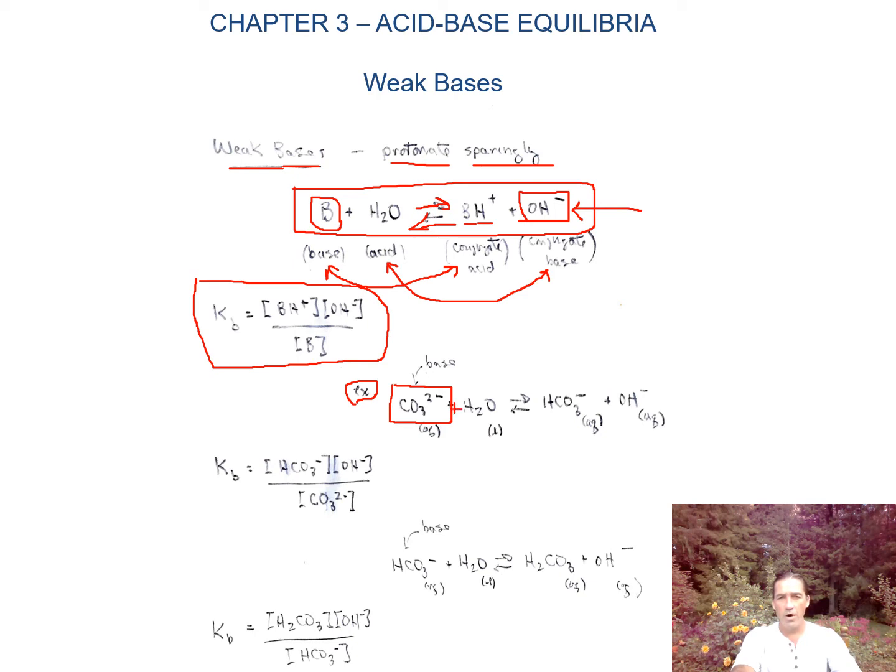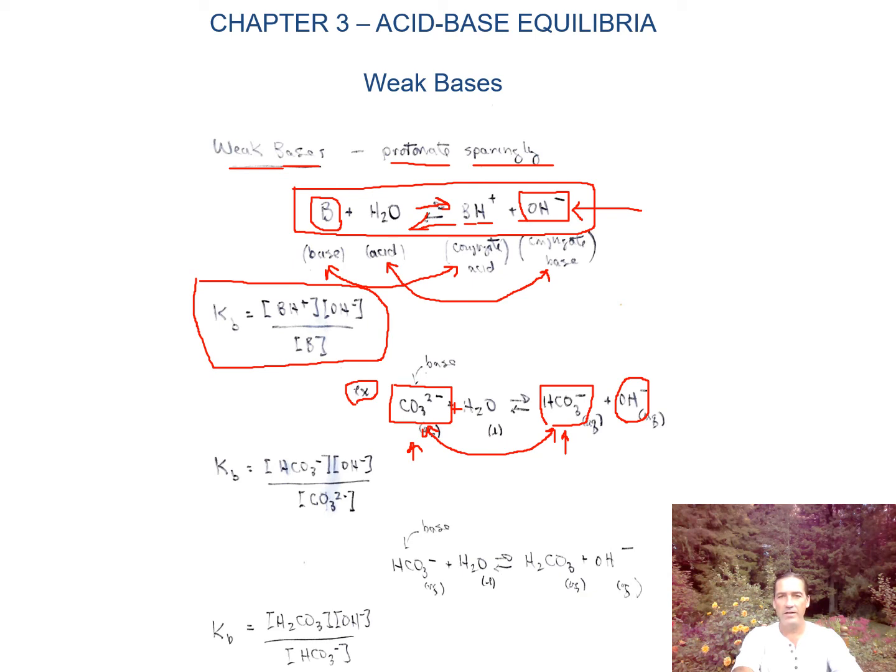Well, it reacts with water to form bicarbonate. So this is an acid-base pair. Carbonate accepted a proton to form bicarbonate. So this is the acid, carbonate's the base, and in this reaction, we form hydroxide.